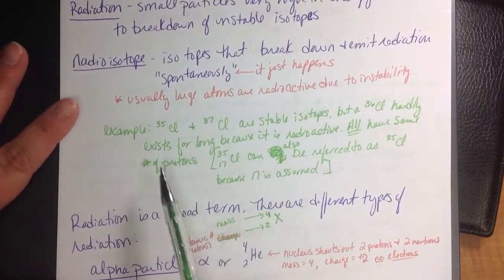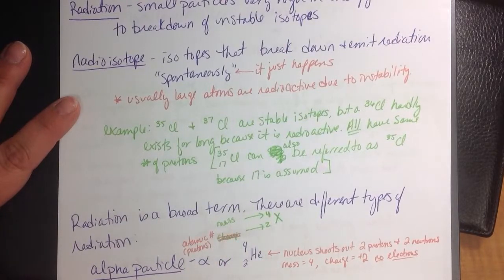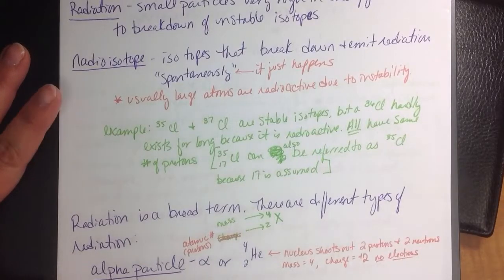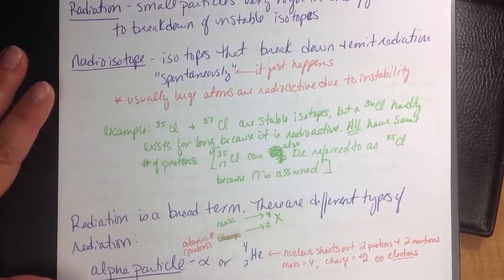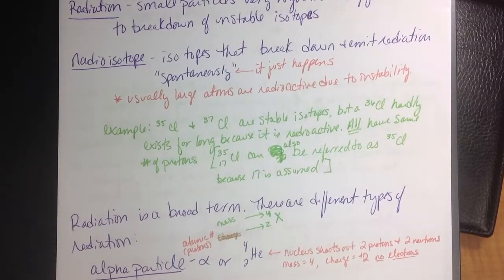As an example, we talked about chlorine 35 and 37. Those are stable isotopes, but there's a teeny tiny amount of chlorine 36 that every once in a while is formed. That hardly exists because it just breaks down so quickly, and it becomes radioactive.